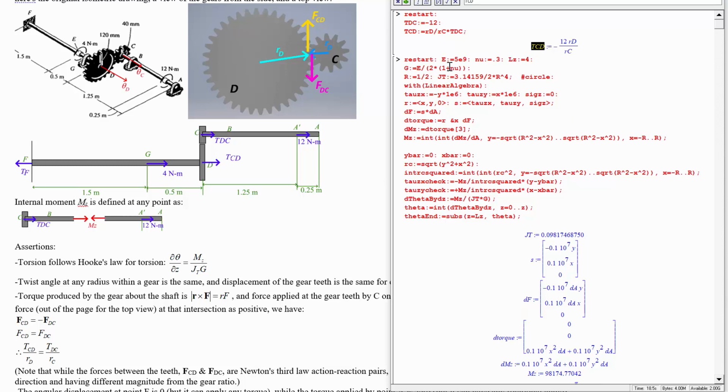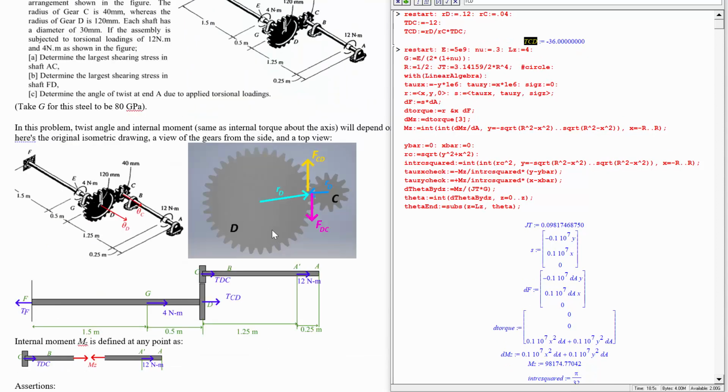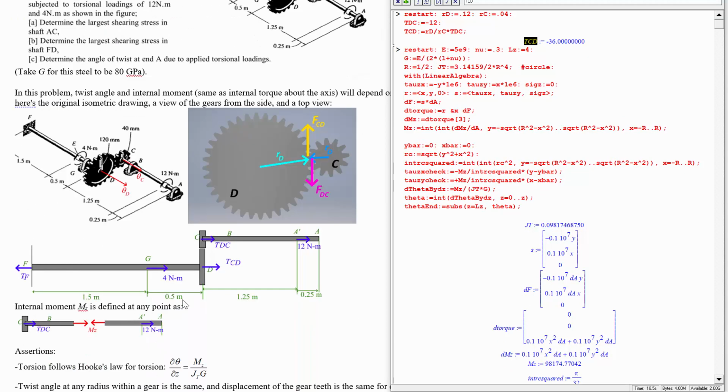And that's going to solve for what that one is once we put in the gear radii. RD is 0.12 meters, RC is 0.04 meters. So now we've got 36 Newton meters applied at the end of gear D here. TCD is negative 36, so it's actually pushing in the other direction.